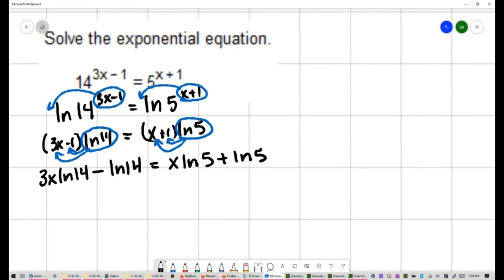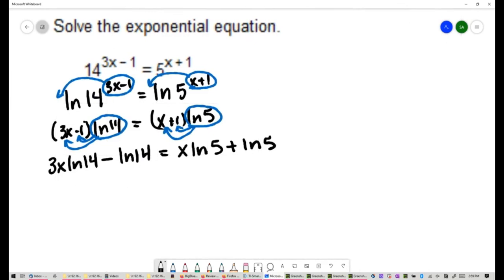Well, now that I've got it all expanded out, I want to start grouping the terms together. I want to group the x terms to one side of the equation and the terms without x to the other side. So I've got these two terms with x, and I'm going to group them onto the left-hand side of the equation. These two terms without x, and I'll group them on the right-hand side of the equation.